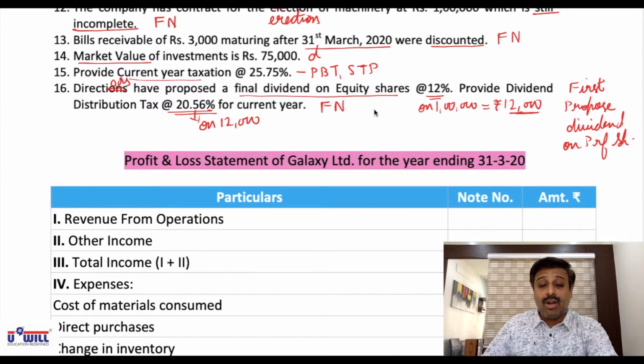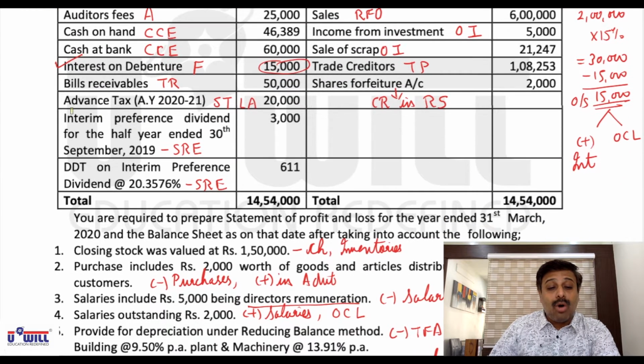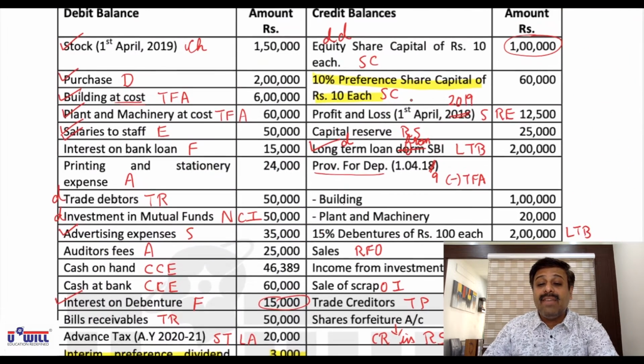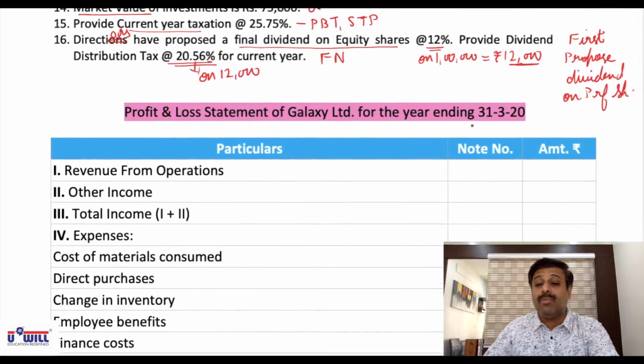Now, how much dividend on preference shares? In interim dividend, company has already given them some amount of dividend, half year's dividend, 3,000 rupees. So remaining amount is only to be proposed. Okay, means we have committed them 10% rate of dividend, 10% preference share capital is there. What is 60,000? 10%, 6,000. Half year's dividend 3,000 is already paid.